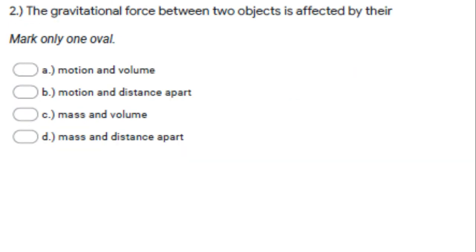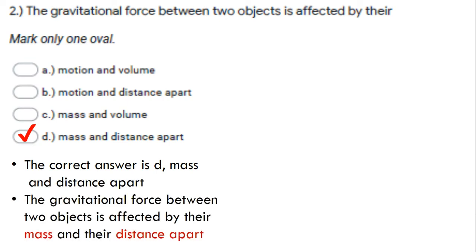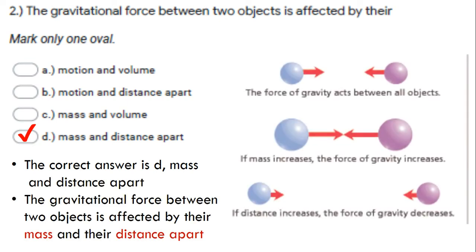Right, question 2. The gravitational force between two objects is affected by: A, motion and volume, B, motion and distance apart, C, mass and volume, or D, mass and distance apart? Right, the correct answer is D, mass and distance apart. The gravitational force between two objects is affected by their mass and their distance apart.